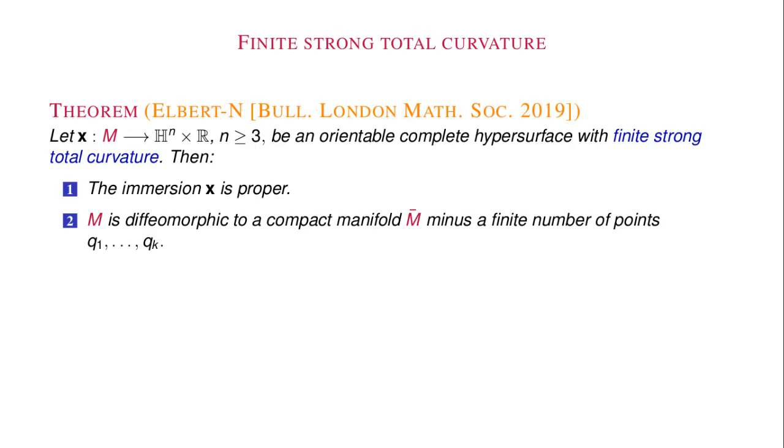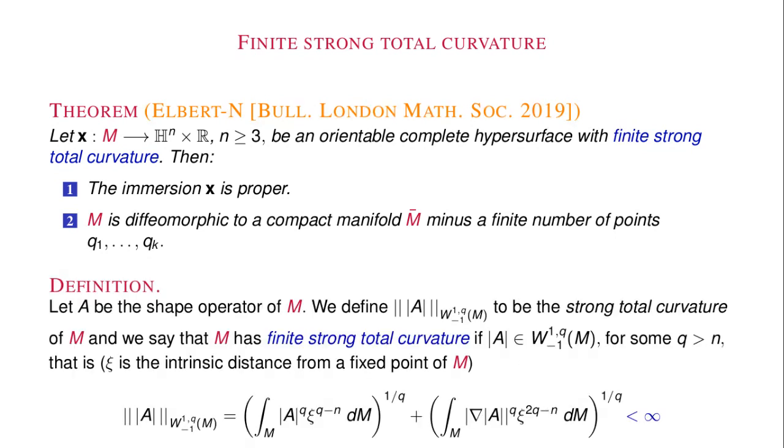Let's state the theorem, and then I will tell you what finite strong total curvature is. We take an immersion of an orientable complete hypersurface with finite strong total curvature. Then what we are able to prove is that the immersion is proper, and that M is diffeomorphic to a compact manifold minus a finite number of points. So the result is analogous to the result that we saw before, but with this finite strong total curvature assumption.